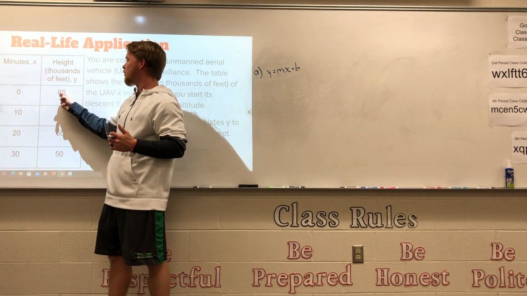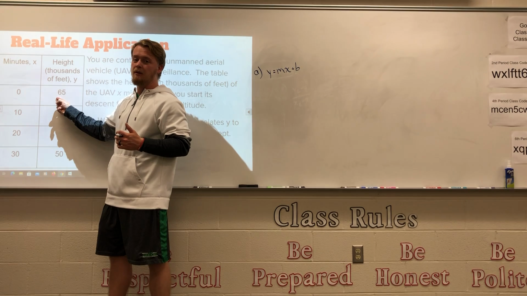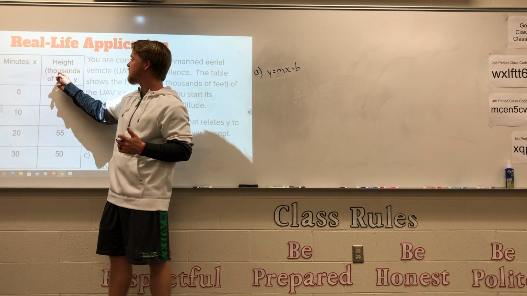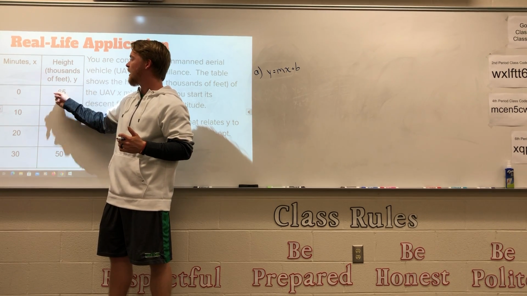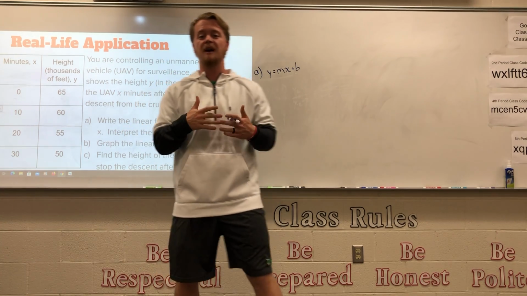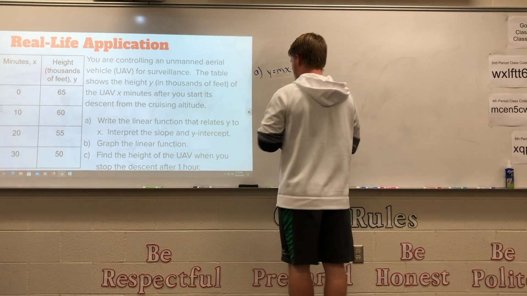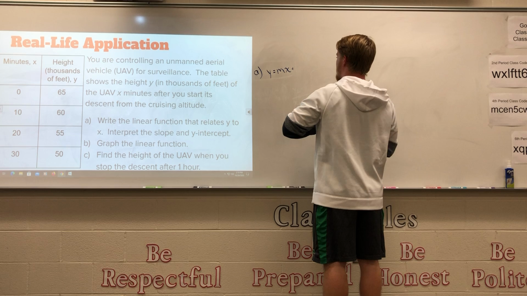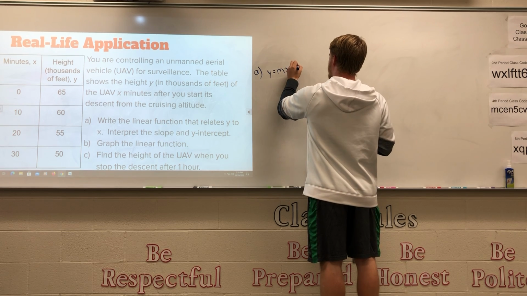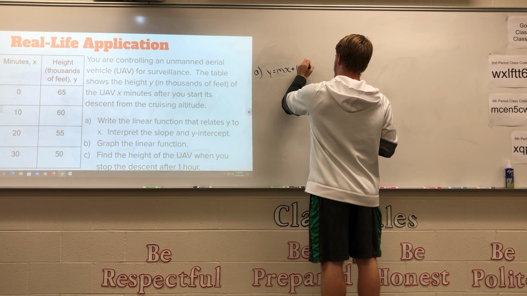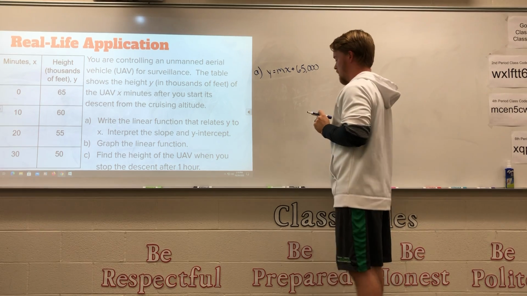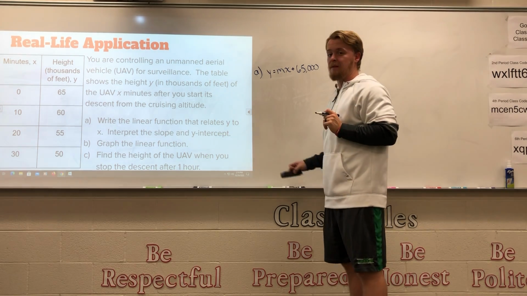The y value that goes with it is 65. But remember, this is in thousands of feet, so that means my y is actually 65,000. So, in place of b, I'm going to put 65,000. That is what gets plugged in for b.